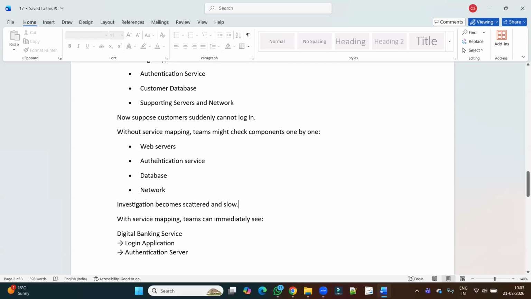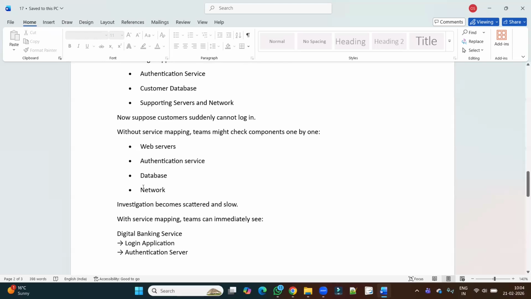We do not know, in order to provide the online banking business service, what all components or what all CIs are associated. So what we will do in that case, we will check each and every web server and see its detail properly, whether it has an application or something related to our business service or not.